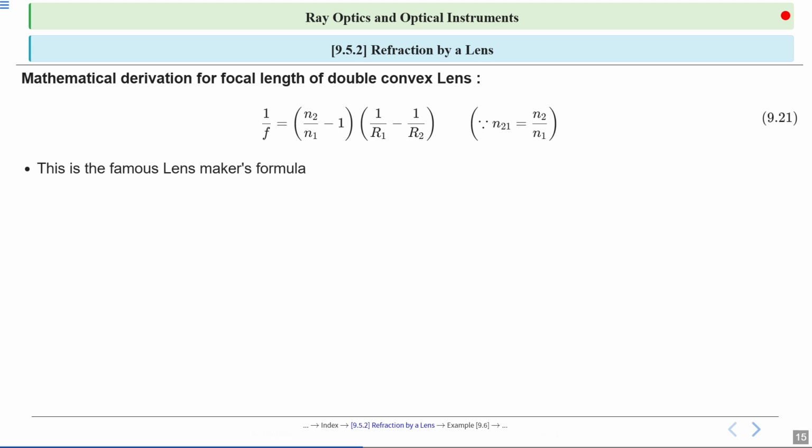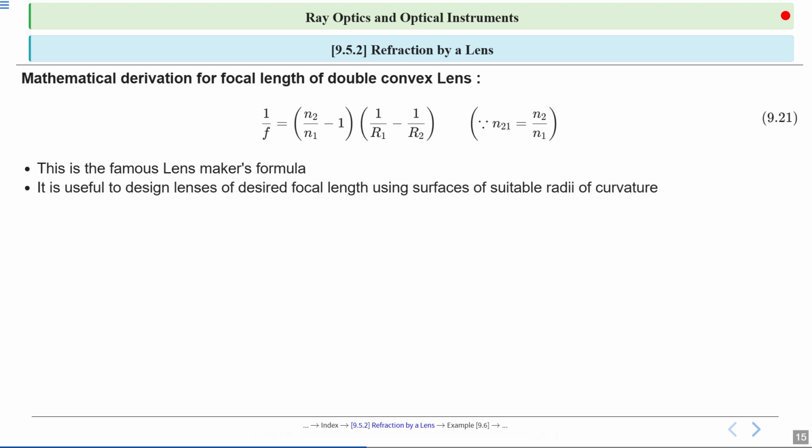This is the famous lens maker's formula. It is useful to design lenses of desired focal lengths. If we know the refractive index of the medium of the lens and also the radii of curvature, we can determine the focal length. Why is it called the lens maker's formula?